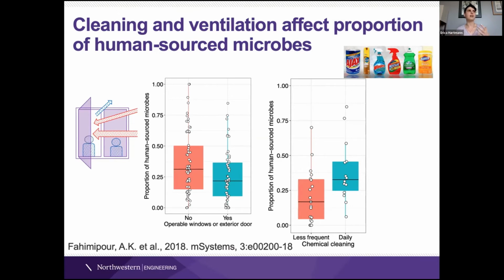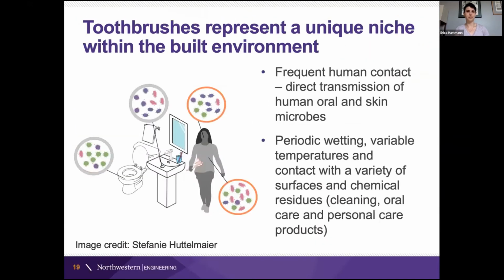One is that if we are concerned about pathogens, typically the pathogens we're concerned about are those human-associated microbes. But also if we're concerned about antimicrobial resistance, the introduction of new antimicrobial resistance determinants is likely going to be coming from environmental microbes. So what then do we do about this environmental versus human-sourced microbes problem?